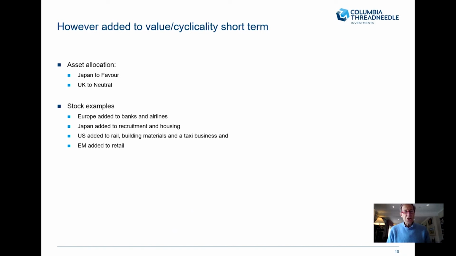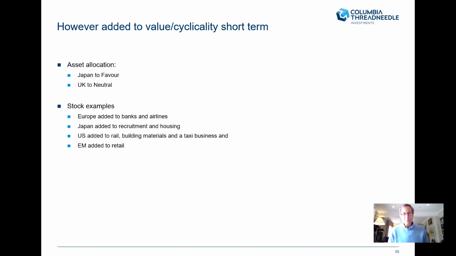And within the regional funds that we invest in at Columbia Threadneedle, those funds have generally added a little bit more on the cyclical end of things. So Europe, they've added to banks and airlines. Japan, the fund there has added to recruitment and housing, again, cyclical sectors. US added to building materials, railroads, a taxi business.